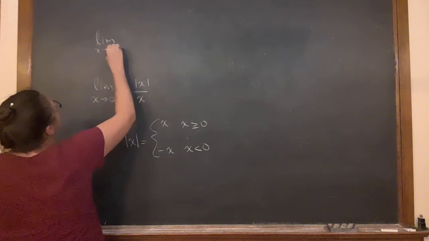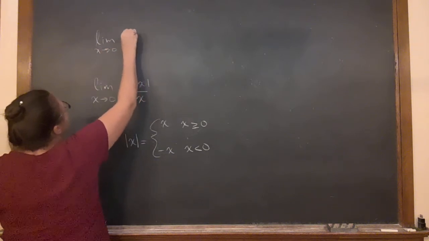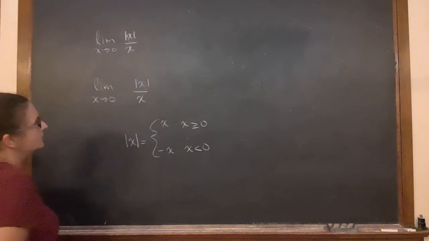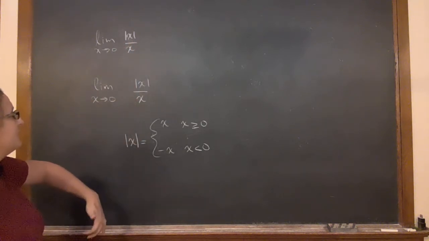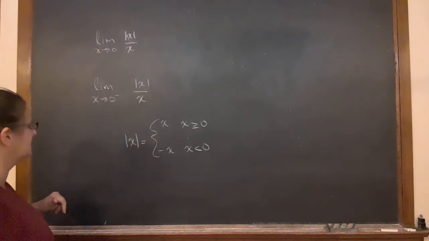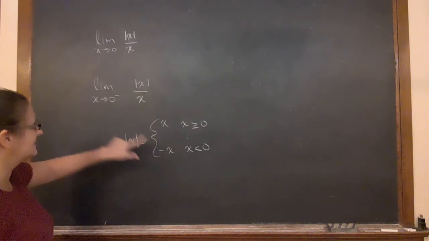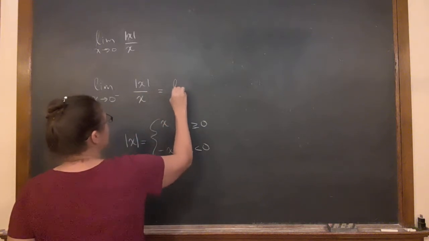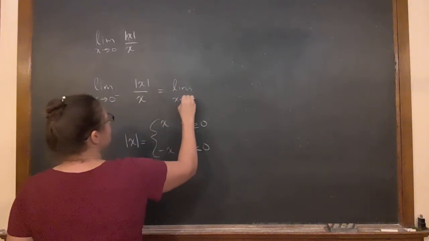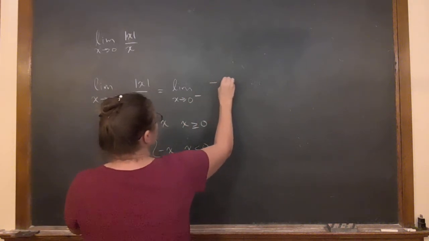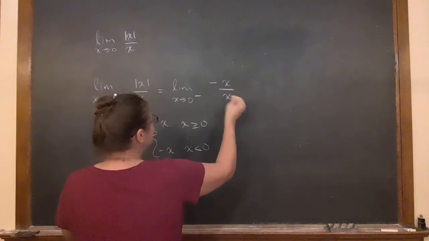So let's do this one. I'm just going to write it. Limit as x goes to 0 of absolute value of x over x. I'm going to do it from the left-hand side and from the right-hand side. So from the left-hand side, that would be x less than 0. So this is this, and I can put that into my expression. So that would be negative x over x.